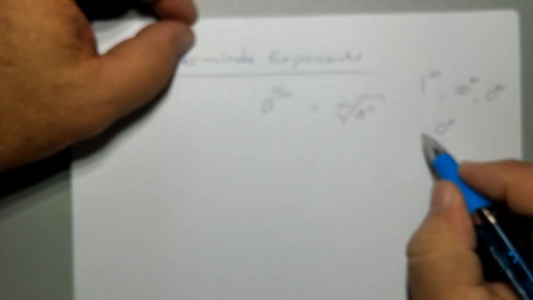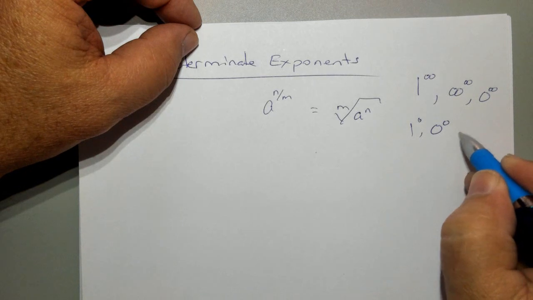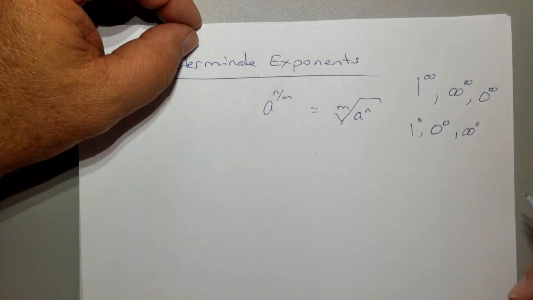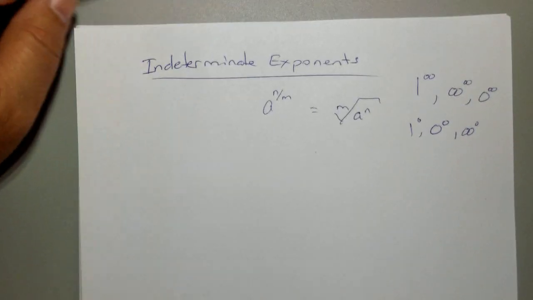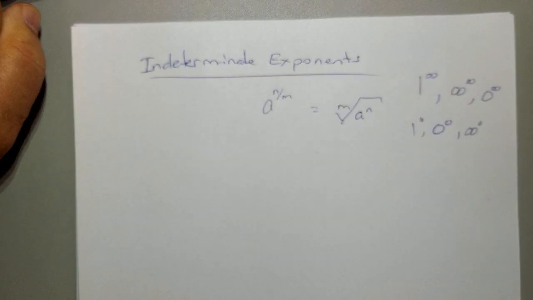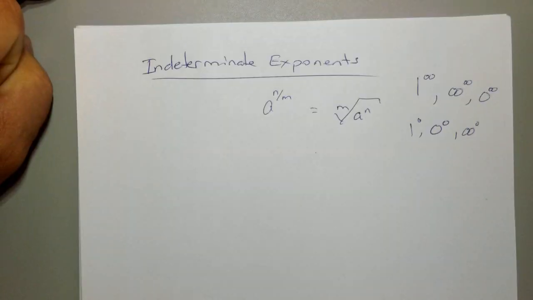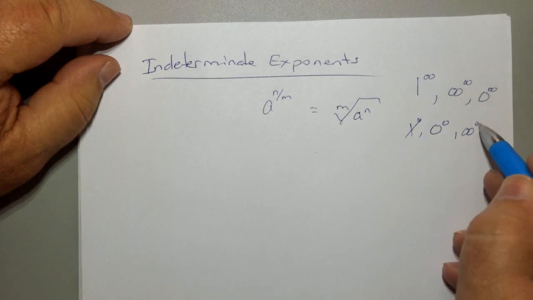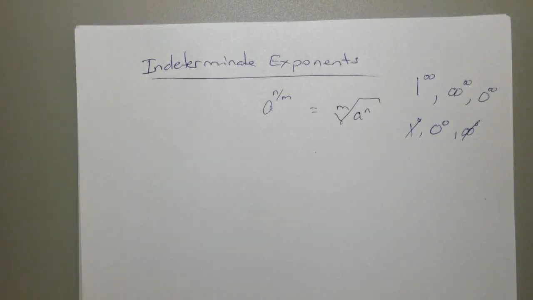This is 1 to the 0 power. 1. What is infinity to the 0 power? Also 1. So the question is, what is 0 to the 0 power? I don't know. That's indeterminate. That's what makes it indeterminate. That's why we don't deal with the ones and infinities at power 0, because those are automatically 1.